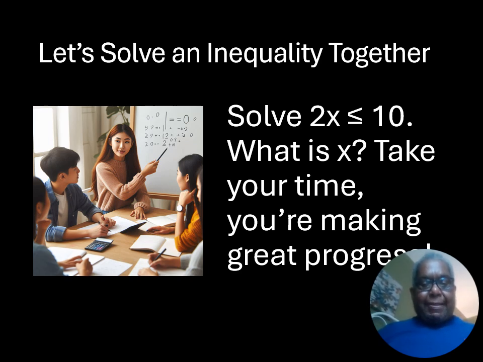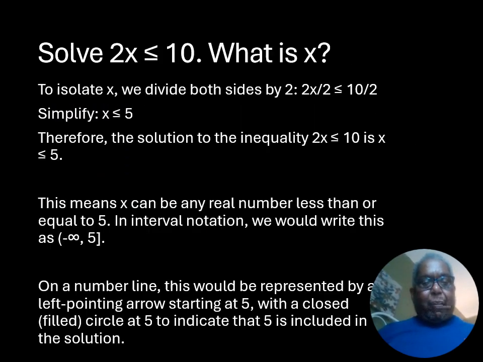What is x? Here's an example, and here's a solution. You want to isolate x by dividing both sides by 2. Therefore, the solution to the inequality 2x less than or equal to 10 is x less than or equal to 5. So in this particular example, x can be any real number less than or equal to 5.